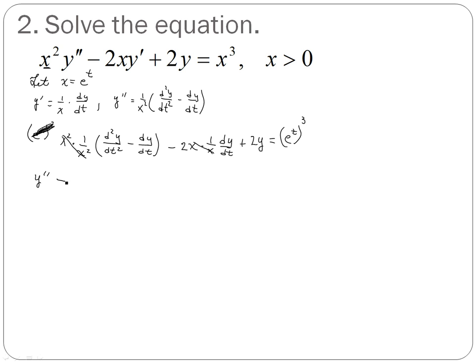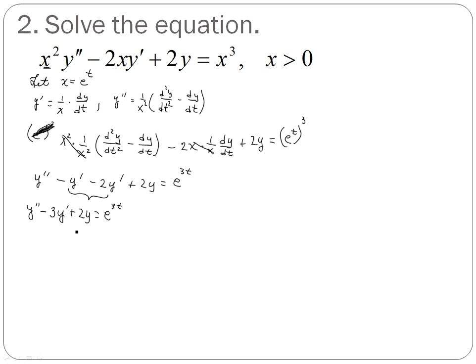So I get y double prime minus y prime, that's this minus dy dt, minus 2y prime plus 2y is equal to e to the 3t. You can combine the negative y and the negative 2y so that we get y double prime minus 3y prime plus 2y is equal to e to the 3t.